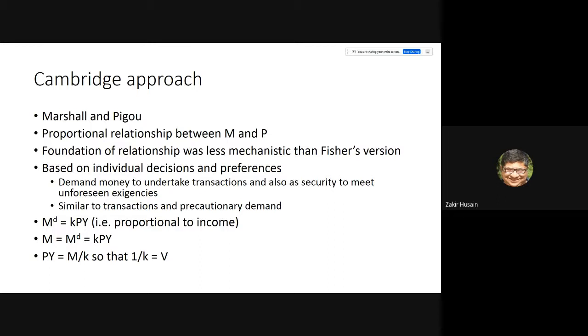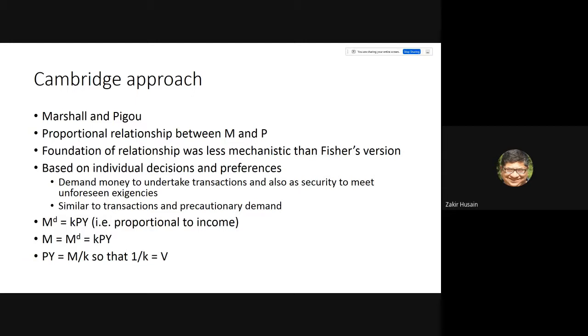Pigou, however, pointed out that there was a logic underlying this relationship. It is based on micro foundations, the decisions and preferences of individuals.